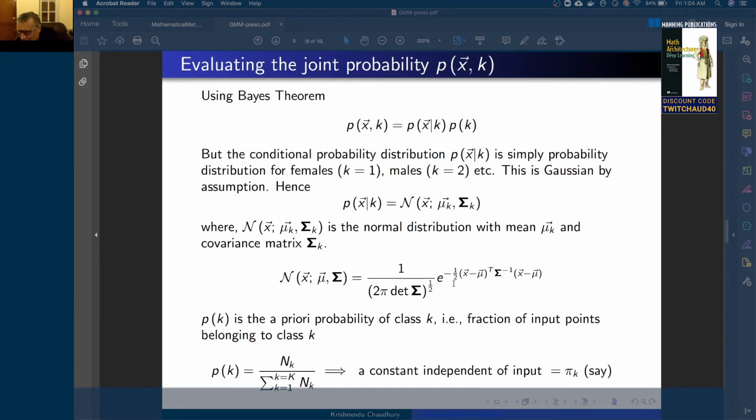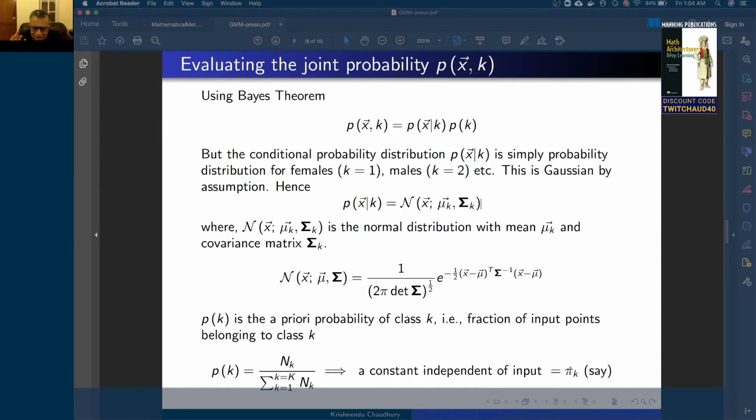In problem 1 we can measure the fraction of adult Stadtsville residents who are females, and the fraction who are males, and those are the a priori probabilities. Those fractions we express with the symbol pi of k. So pi of 1 would be the fraction of females, and pi of 2 would be the fraction of males.